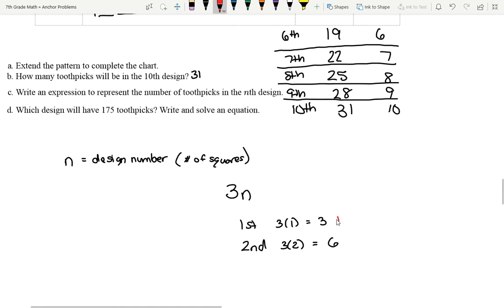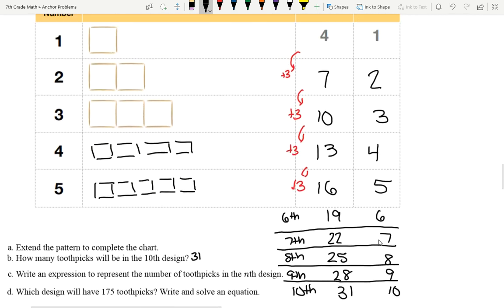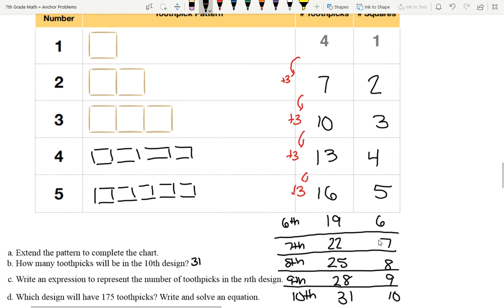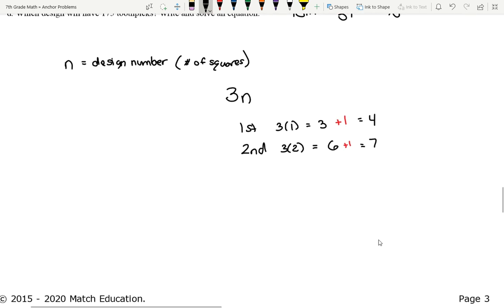Well, what if I added 1 to both of those? That gets me the 4 and the 7 that were in that table. And so it's looking like I can take 3n plus 1 as my expression for any design.